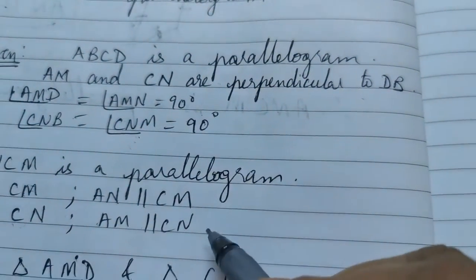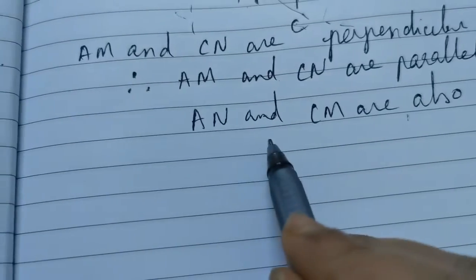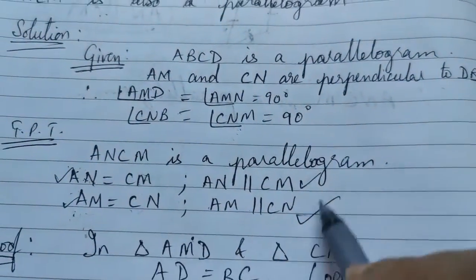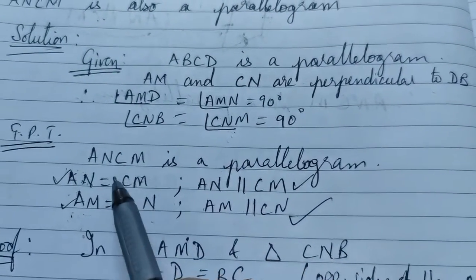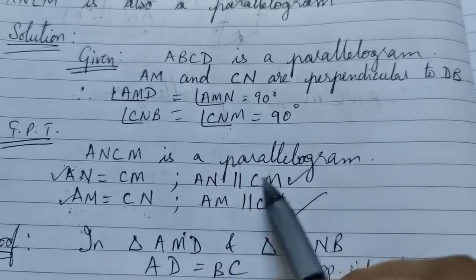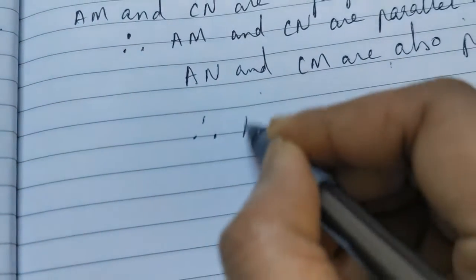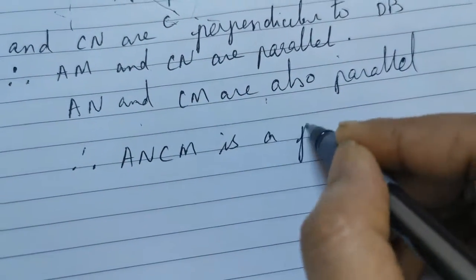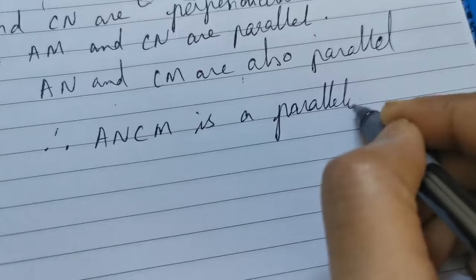So, AM and CN are parallel is proved. Again, AN and CM are also parallel is proved. So, we proved all the 4 properties. Opposite sides are equal and the opposite sides are parallel. Therefore, ANCM is a parallelogram.